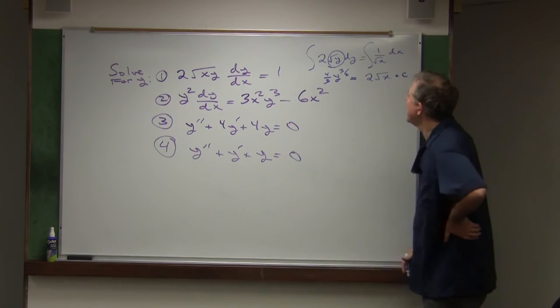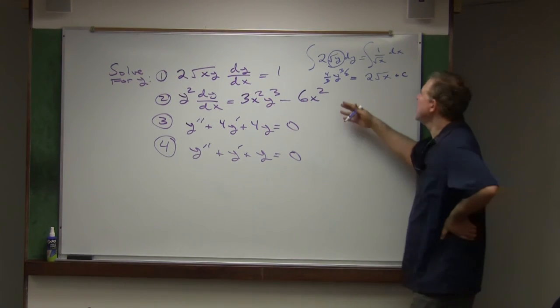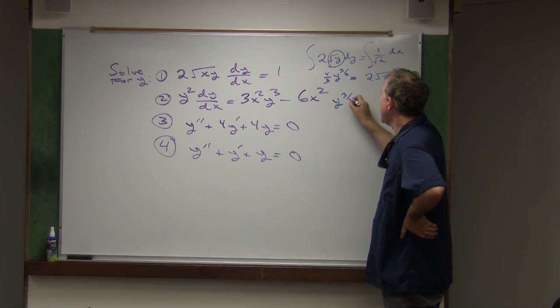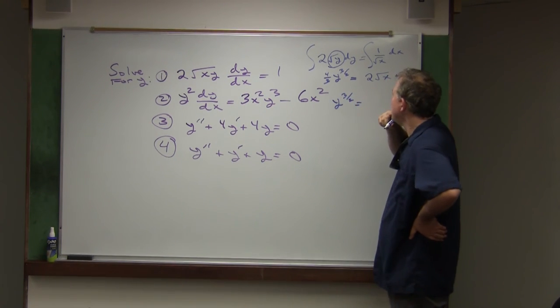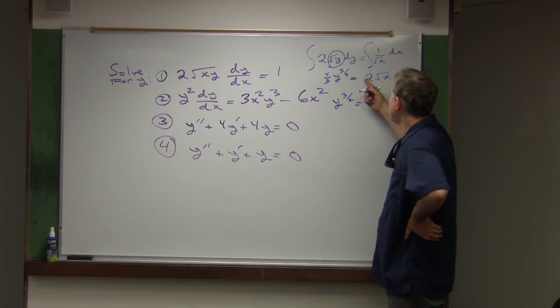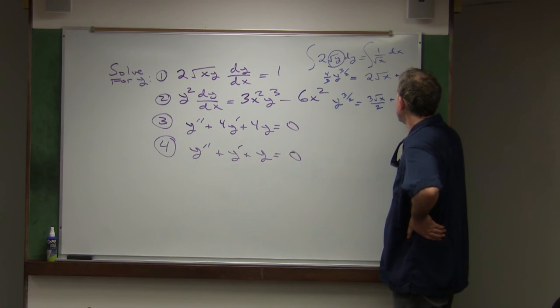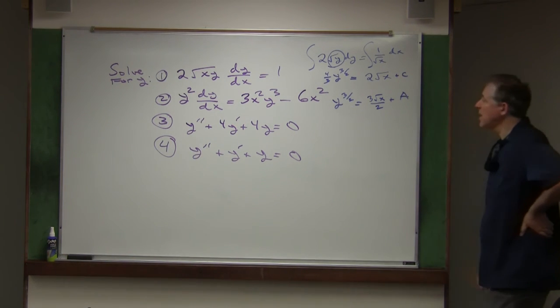Then you throw this on the other side, so y to the 3 halves is equal to, you multiply by 3/4, so 3 root x over 2, plus a constant. Just rename your constant, I don't care what it is, call it a.